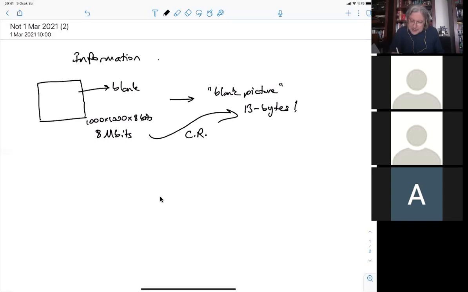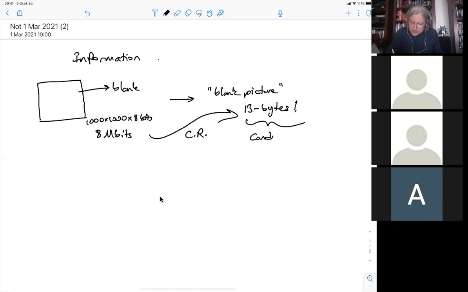But these 13 bytes with the phrase of blank picture or blank image, and blank image may be even a smaller thing, is essentially the information within a condition. It is a conditional information with the condition that the receiver or the decoder knows English.